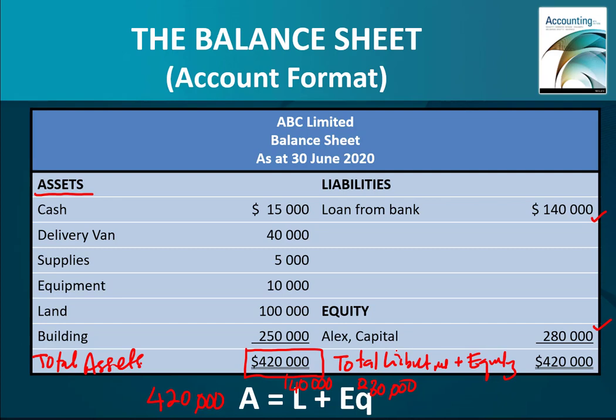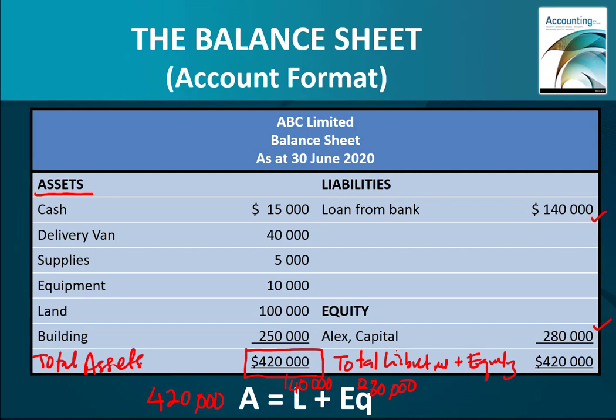The total asset is 420,000, while the right side is the source of getting the assets. There is a loan, 140,000, and the equity, the amount contributed by the owner, 280,000.